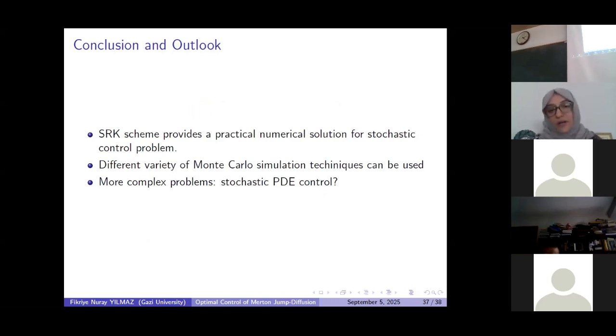So, as an outlook, this study may be extended to other complex differential equations, for example, partial differential equations, or one may be interested in getting a higher convergence rate so that the Runge-Kutta scheme can be analyzed for the optimal control problem and get the order conditions.